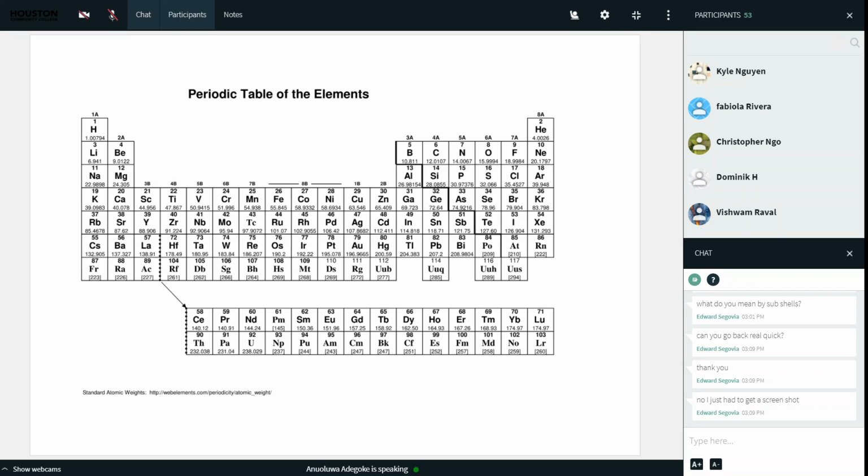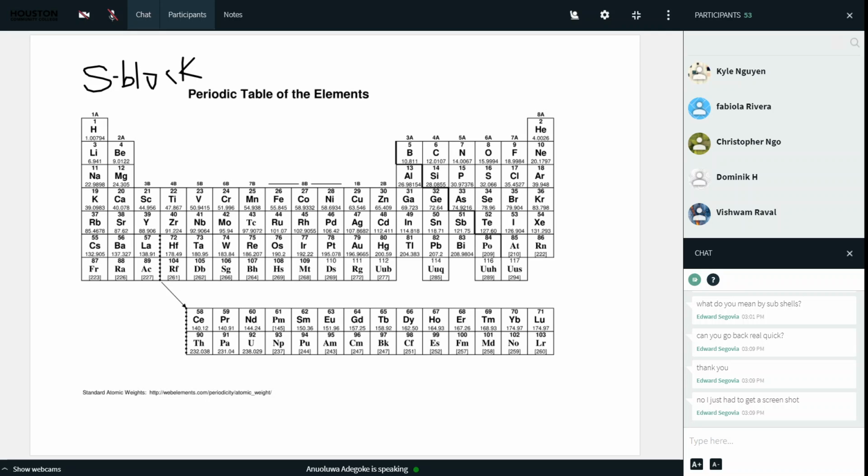So I'm just going to go there real quick so that we can see what I'm talking about. So this is the periodic table, right? Did you see these first two columns? This is the S block.